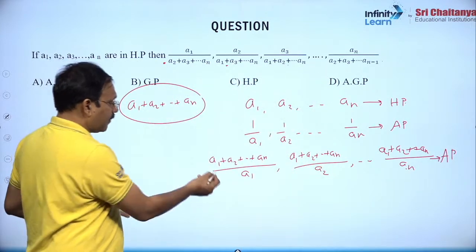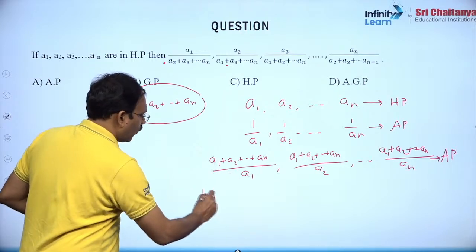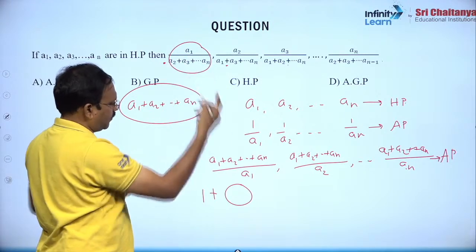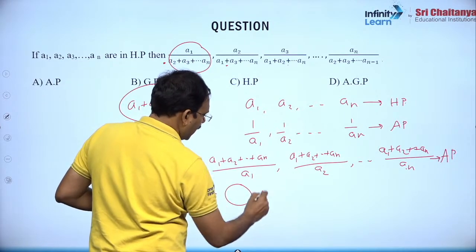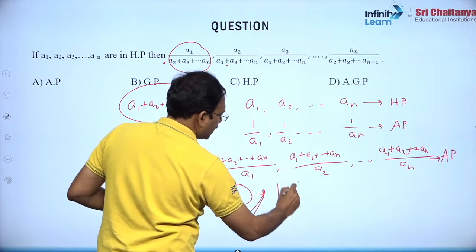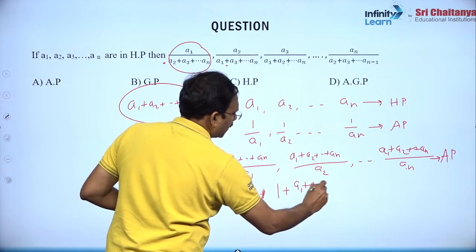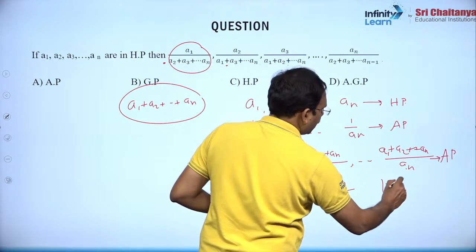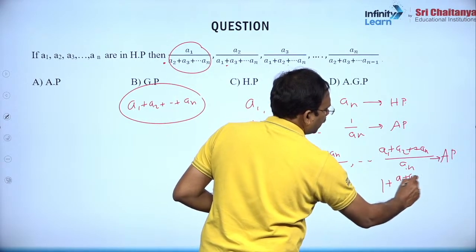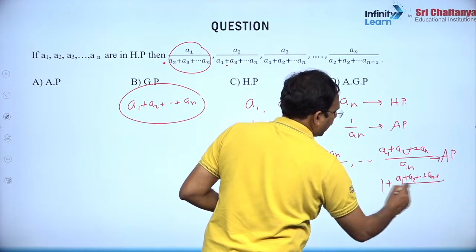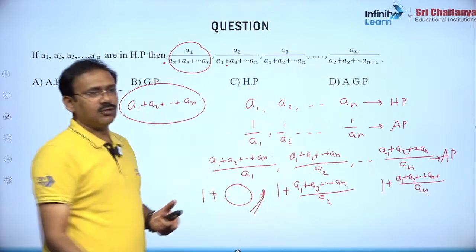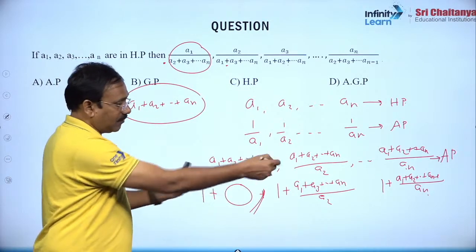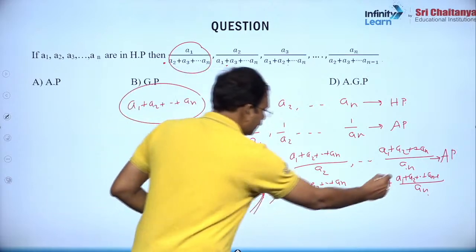Now what is it? Separate: a1 by a1 is 1 plus the remaining part comes; plus a2 by a2 separate, 1 plus a1 plus a3 plus and so on an by a2 comes. Similarly here also, 1 plus a1 plus a2 plus and so on an minus 1 by an comes. These will also be in AP. From all the numbers you subtract 1, so the remaining numbers will be in AP.